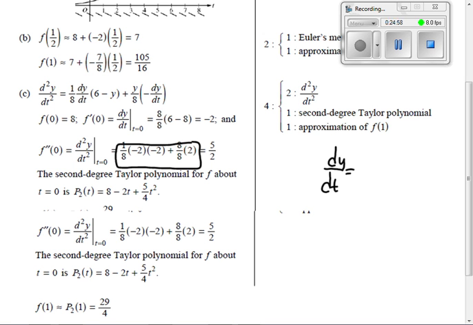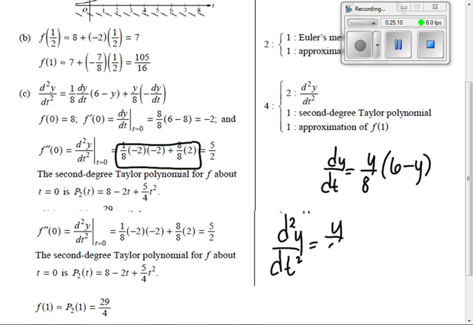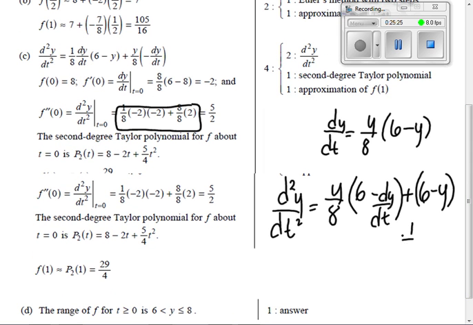What is it, 8 over y? No, y over 8, right? 6 minus y. So the second derivative: it's y over 8 times 6 minus the derivative of y with respect to t, plus 6 minus y times the derivative of that, which is 1/8, times dy dt.